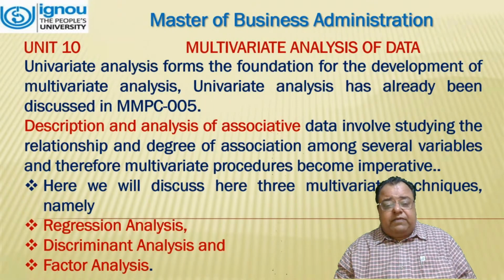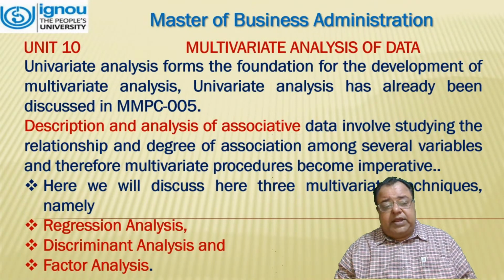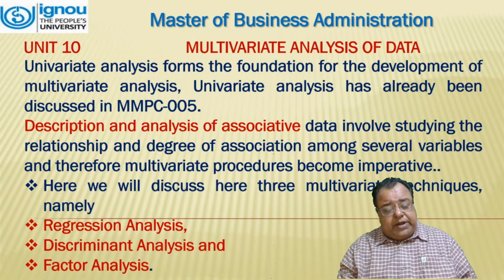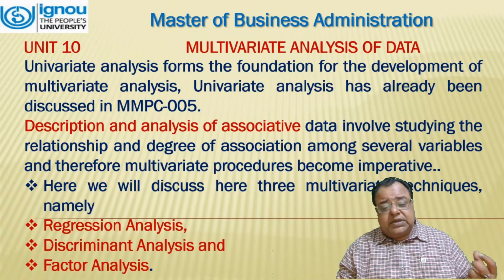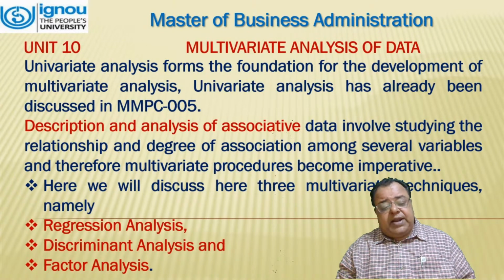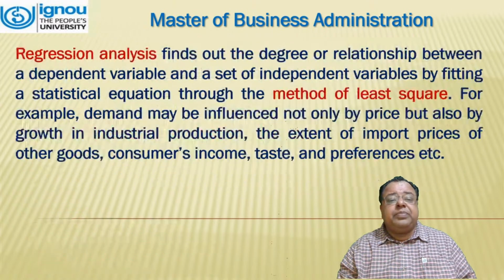Description and analysis of associative data involves studying the relationship and degree of association among several variables, and therefore multivariate procedure becomes imperative. Here we will discuss three multivariate techniques, that is regression analysis, discriminant analysis, and factor analysis.